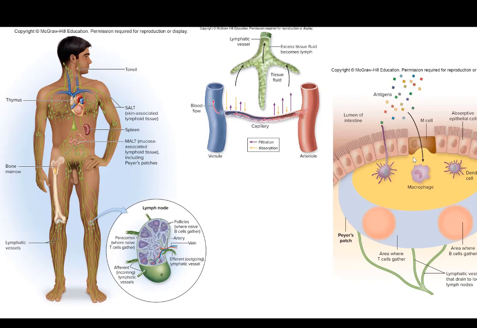We have Peyer's patches. The Peyer's patch is the name of that whole tissue. The area where the T cells gather, we're just going to call the paracortex, similar to what's in the lymph node, because the follicles are still B cell follicles, right? So we're still going to call the B cell follicles B cell follicles. The lymphatic vessels that bring the lymph into the lymph node are called afferent lymphatic vessels.